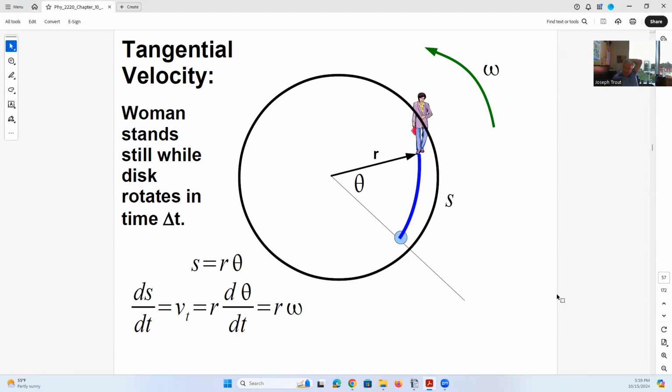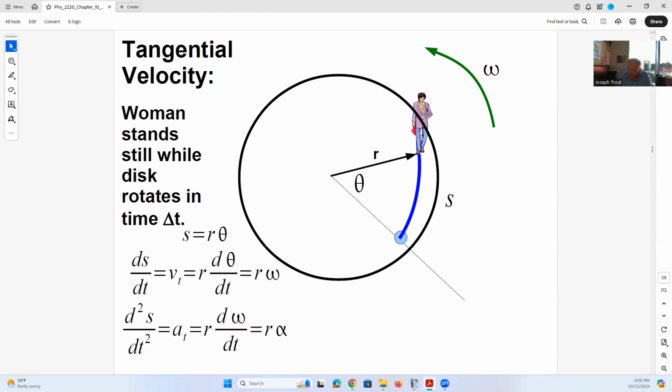So ds dt, which is the velocity you're moving along this blue line, would be equal to r, which is constant, times d theta dt, or r omega. And if we look for the tangential acceleration, we'll just take the time derivative of that. But the time derivative of omega is d omega dt, which is just the angular acceleration.